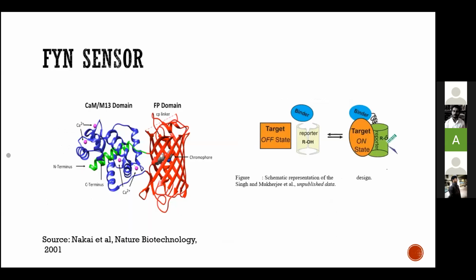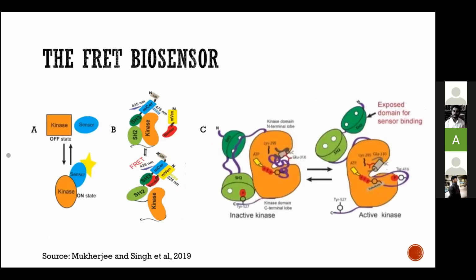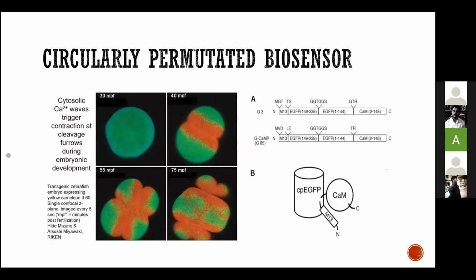Can you repeat the role of CAM? Calmodulin, okay. So calmodulin, this protein, was not invented, it was discovered long ago, that calmodulin has the power to sense calcium ion flux.